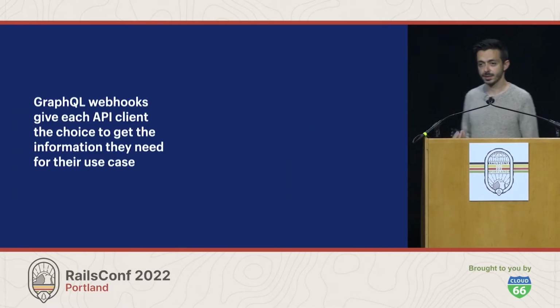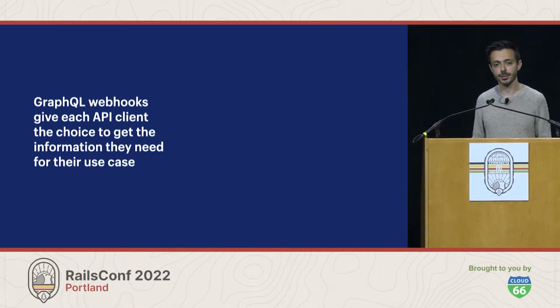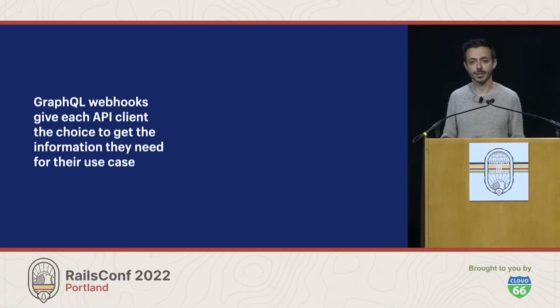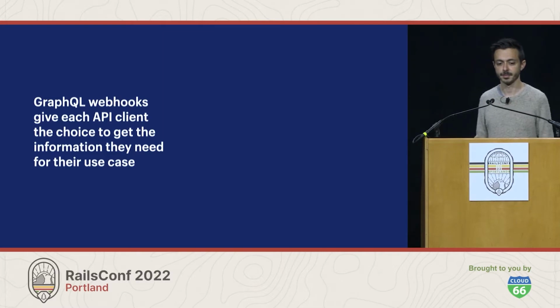And this is very good because instead of having a one-size-fits-all approach, when you let API clients define the information they need, this adds a lot of value to them, makes their lives easier, very easy to maintain, and also it's more efficient. We are not making unnecessary API requests here.